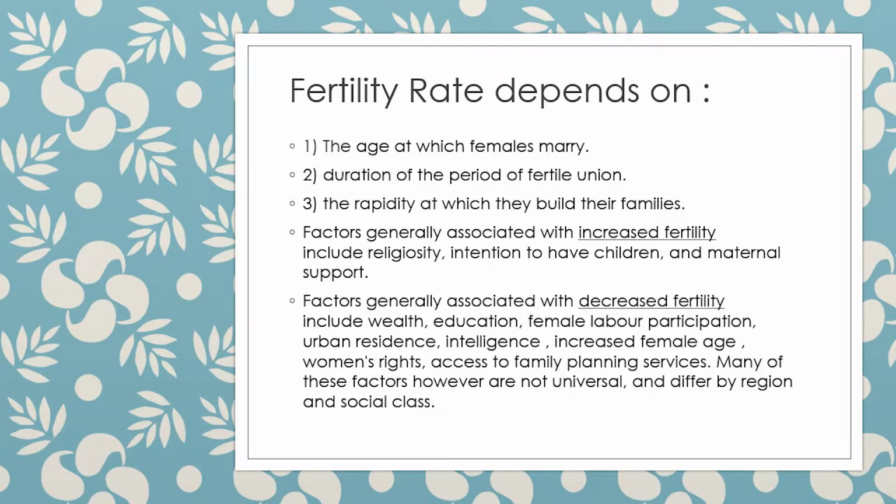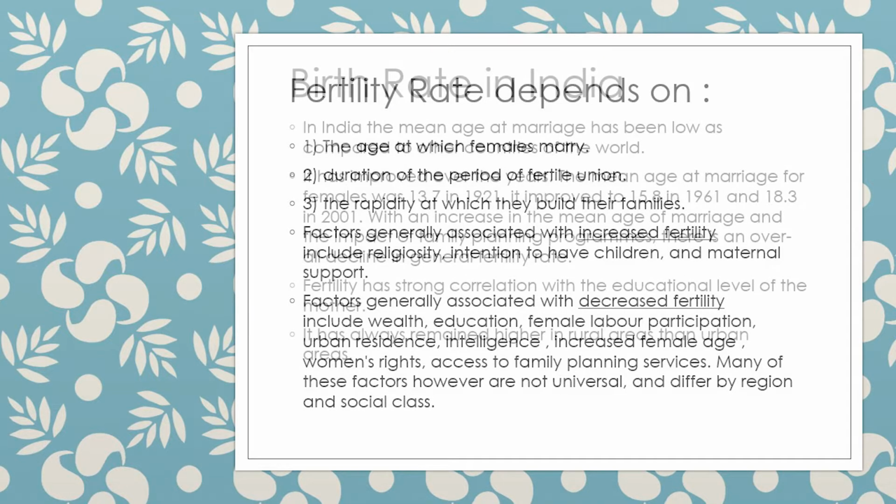Factors associated with decreased fertility include wealth, education, female labor participation, urban residence, intelligence, increased female age, women's rights, access to family planning services. Many of these factors, however, are not universal and differ by region and social class.